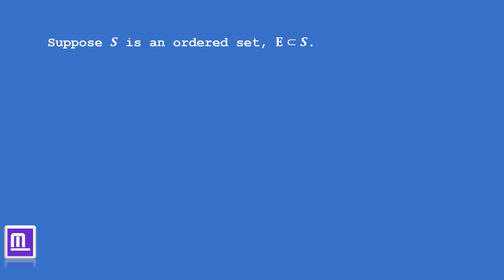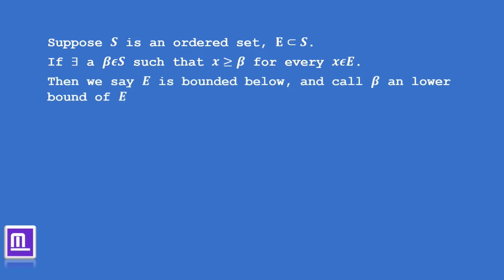Suppose S is an ordered set and E is a subset of S. If there exists an element beta in the set S such that, my way of interpretation of this is, x is not related to beta, that means x is greater than or equal to beta for every x belonging to E. You can take that greater than symbol in whichever form you like to understand. Then we say E is bounded below and beta is called a lower bound of E.